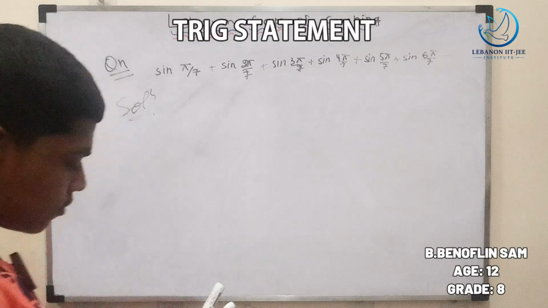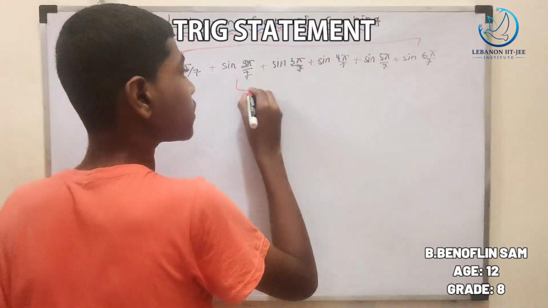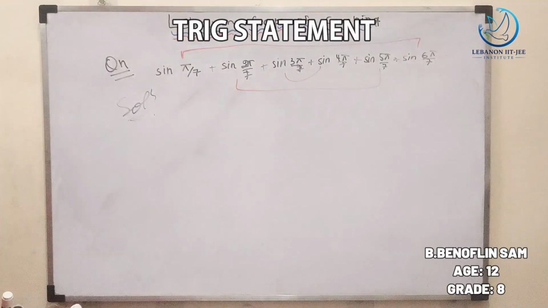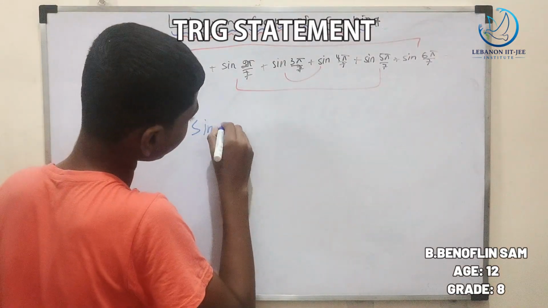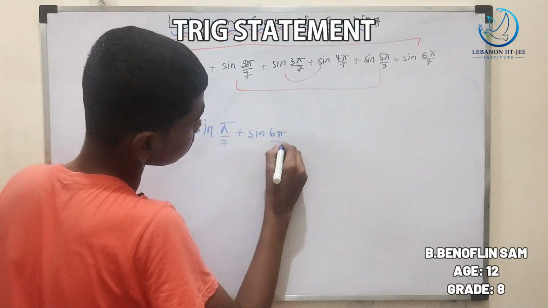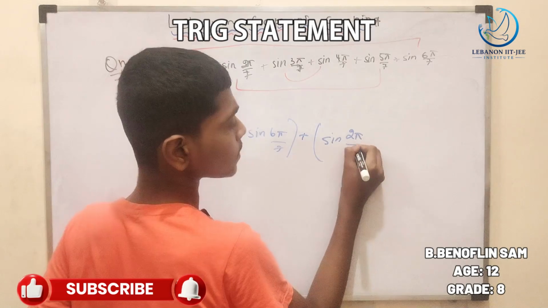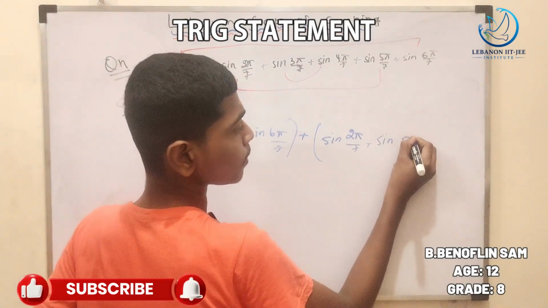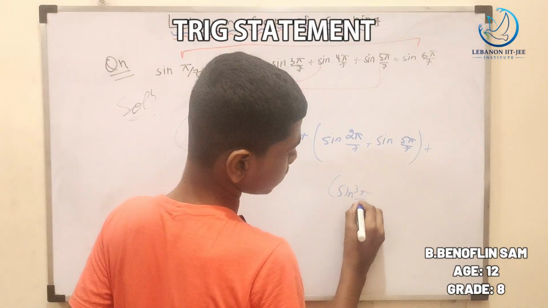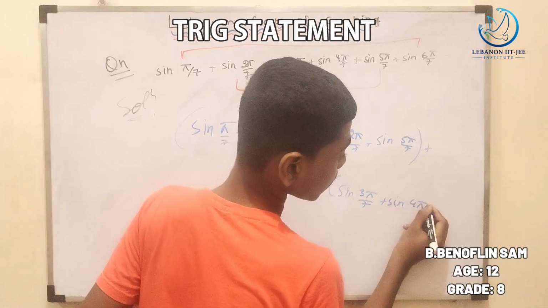As a shortcut, we can take this separate, this separate, and this separate. So we take sin pi by 7 plus sin 6 pi by 7, plus sin 2 pi by 7 plus sin 5 pi by 7, plus sin 3 pi by 7 plus sin 4 pi by 7.